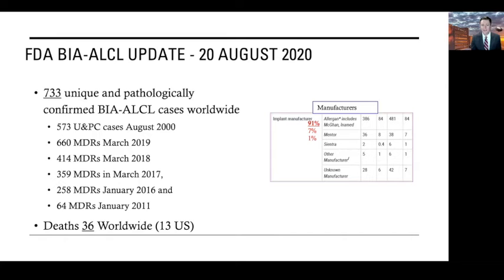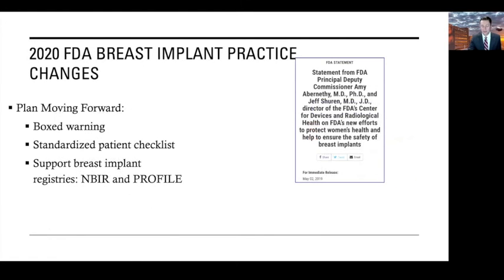When we looked at implant manufacturer, we saw that Allergan manufacturer was responsible for 91% of world cases when the device was known. Because of this, the FDA called for a class 1 device recall on this subject.